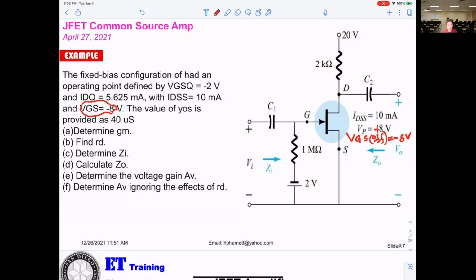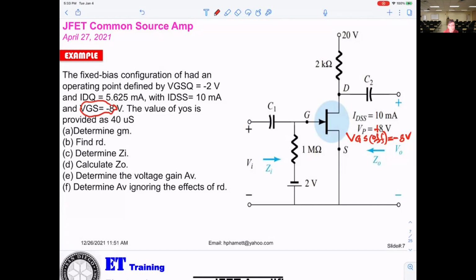The thing you need to understand: for the N channel, VGS off must be negative. If it's the P channel, then VGS off will be positive, the opposite. And then they want to know the GM.